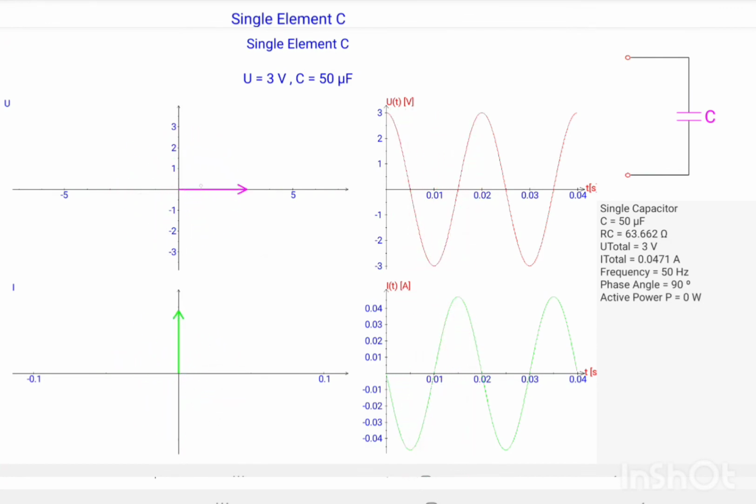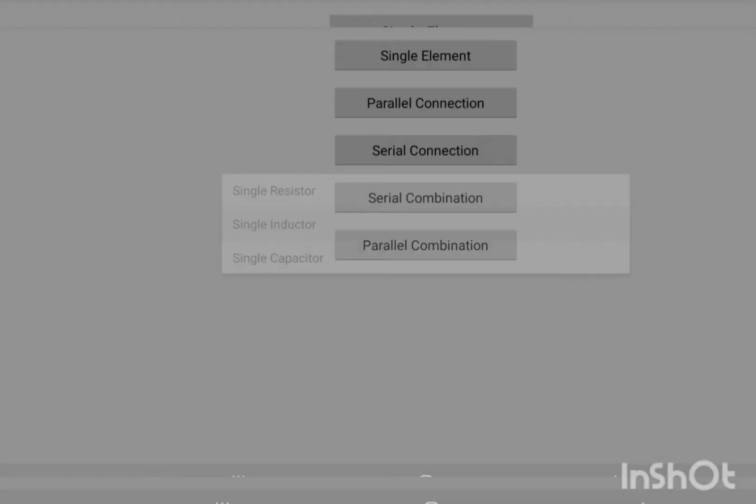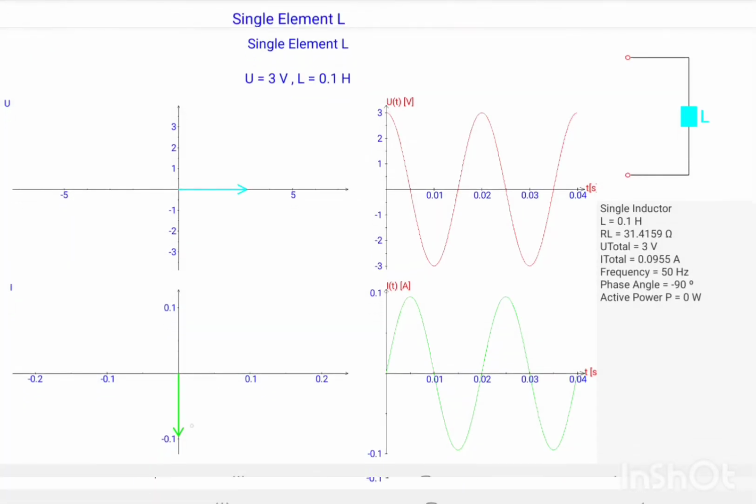The phase difference between the resistor and inductor is pi/2. And for a single inductor, the current lags the voltage by pi/2. Okay, that's all.